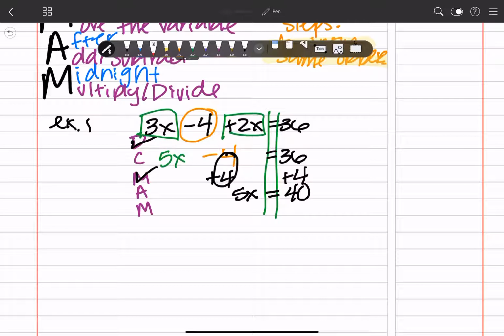This is multiply or divide, so we're going to divide by 5 since it's the opposite of multiplying. When you have 5x, it's saying 5 times x, so we're trying to cancel it out. What we mean by canceling it out is we're going to end up 1ing out. So now you get x equals 40 divided by 5, which is 8. And that's how you would do it.